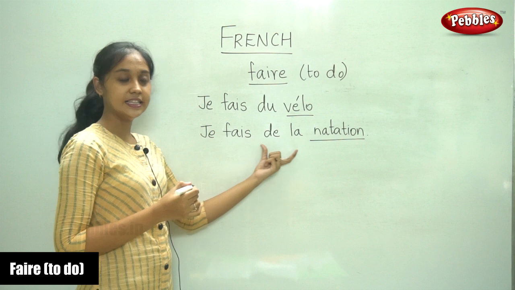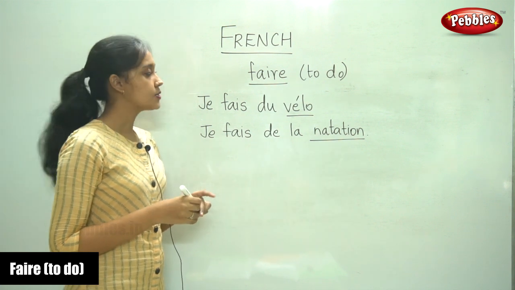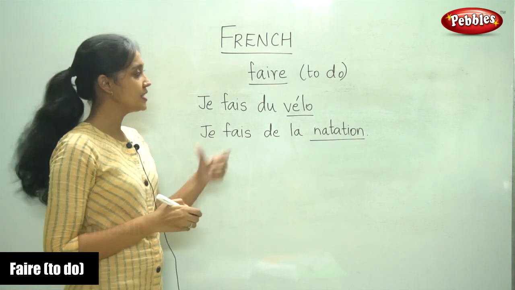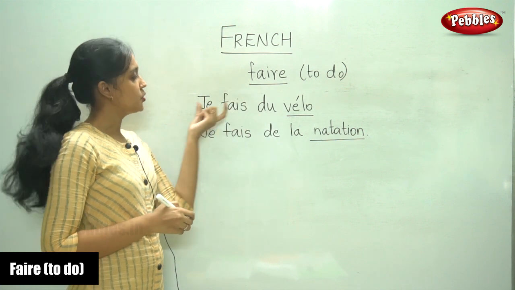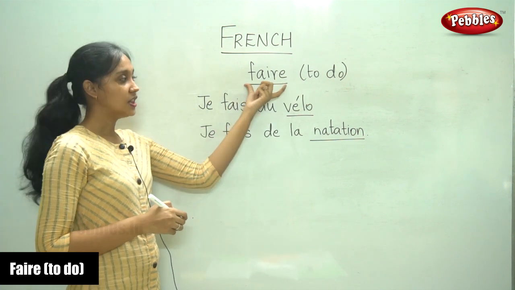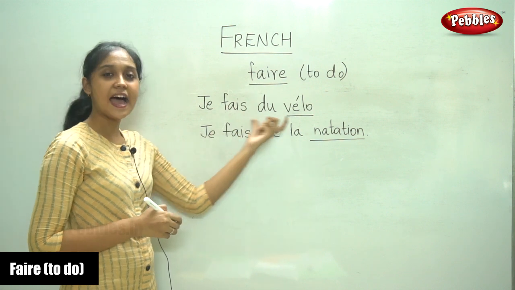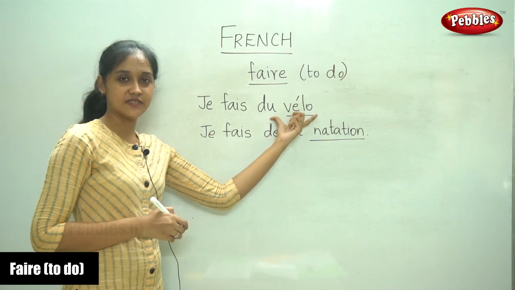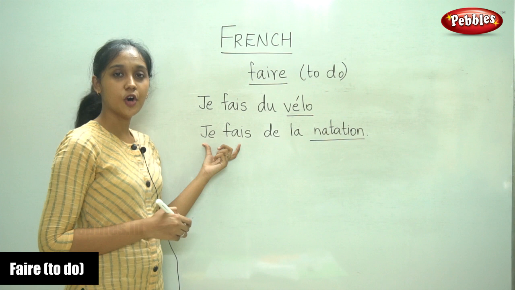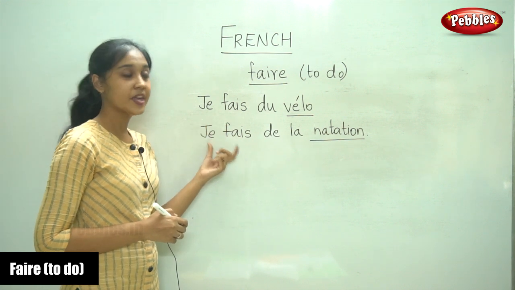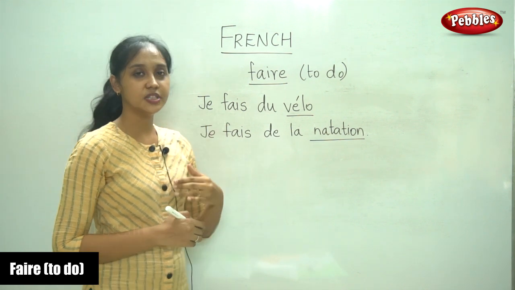Je fais de la natation. So now you will be able to form simple sentences using just the subject, the verb faire, and a particular activity. So you can form simple sentences. Now we will move on to the next verb.